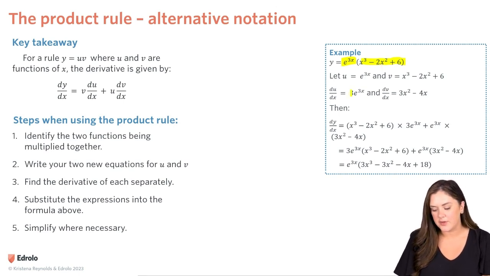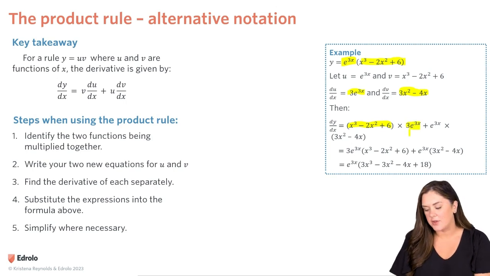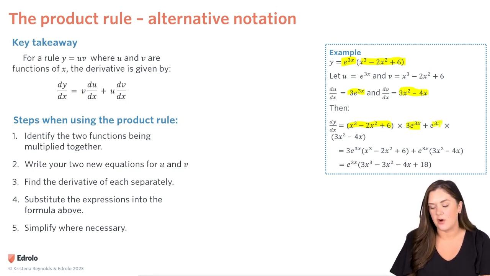The derivative of u, we get 3e to the power of 3x, and then the derivative of v, we get 3x squared, take away 4x. Now putting it into the rule, we're going to do things a little bit backwards, but we've got v first. So we've got just v multiplied by the derivative of u, and then we have u multiplied by the derivative of v.